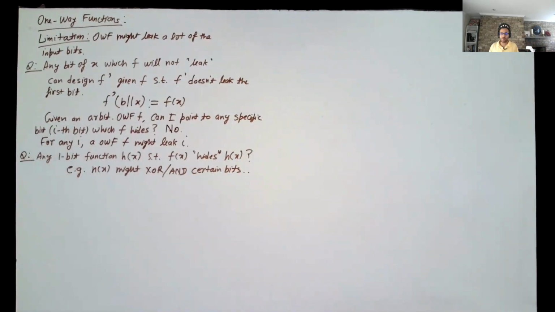We can talk about any Boolean output h of x. So is it possible to construct some function h like that, such that any one-way function f is guaranteed to hide this h of x? Any thoughts about this?